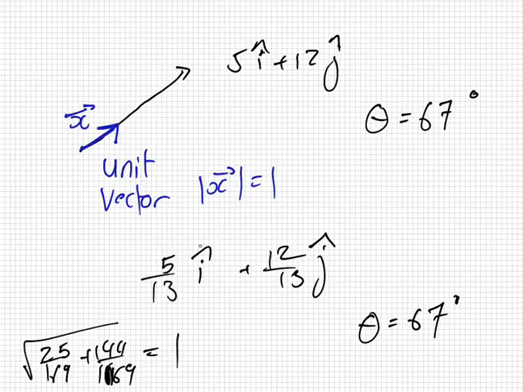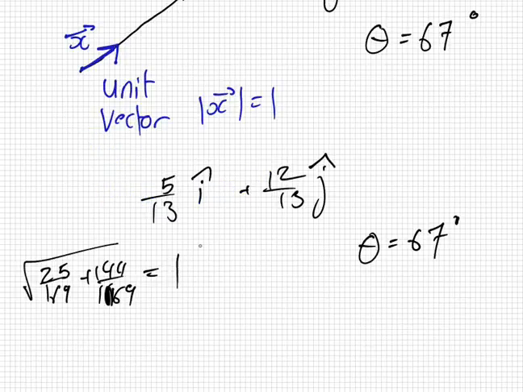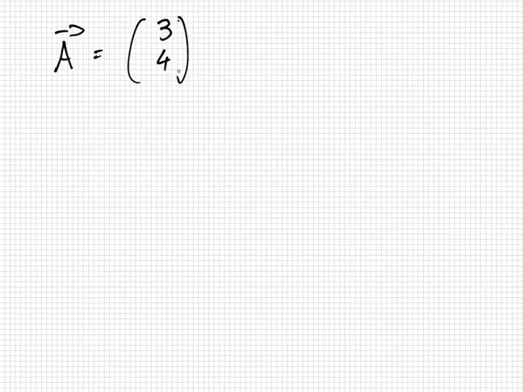Okay, can I scroll down? Yes? Okay, I'm going to give you two vectors here. Vector A, which is (3, 4), and then vector B, which is, let's say, (-6, -8).